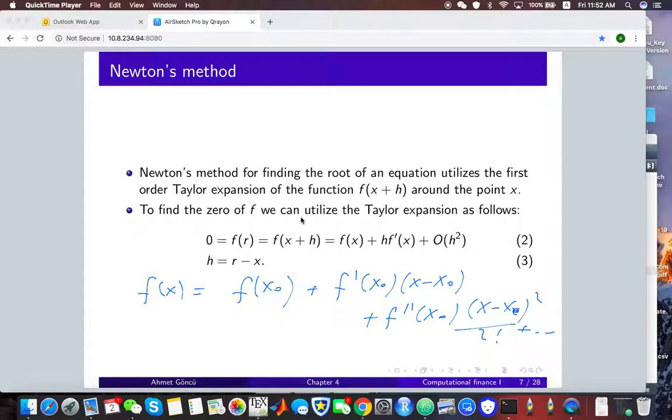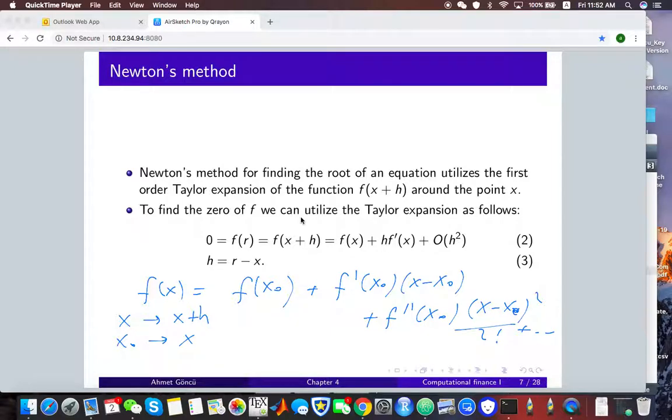In this type of expansion, instead of x we have actually x plus h, and instead of this x0 we will consider x.